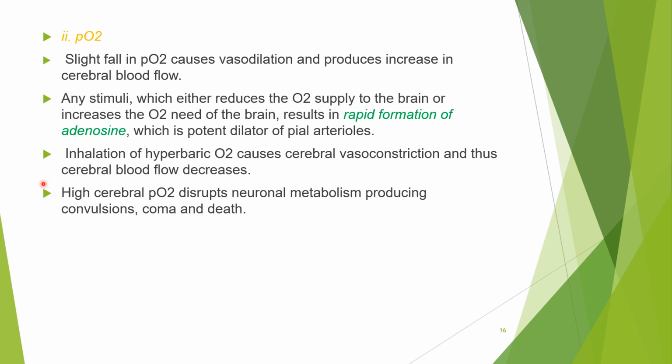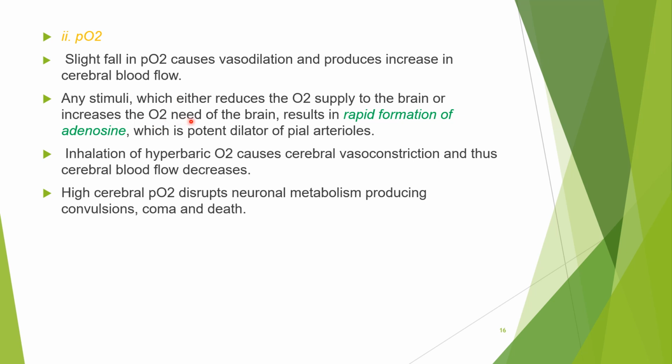Now coming to the partial pressure of oxygen, how will it affect the cerebral blood flow? A slight fall in partial pressure of oxygen causes vasodilatation and increases the cerebral blood flow. So if there is a fall in PO2, then there is vasodilatation.